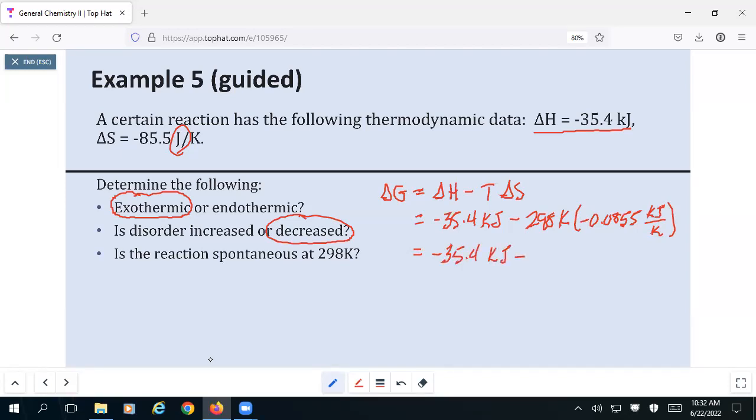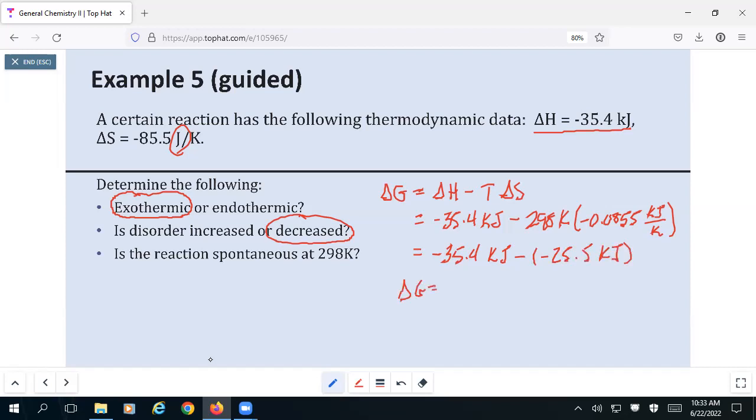So now we do the multiplication. 298 times negative 0.0855 is negative 25.5 kilojoules.